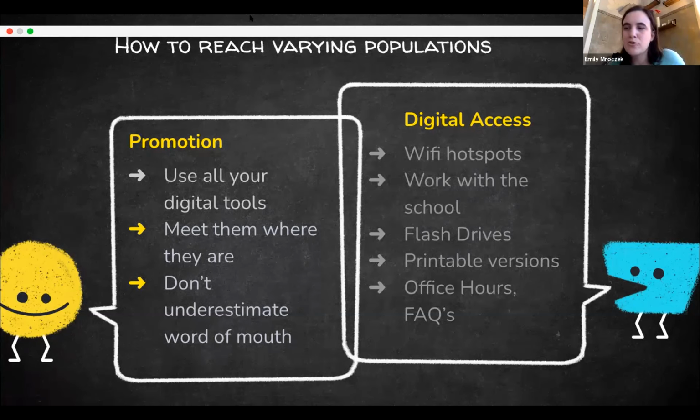There can be ways to put programs, to put videos, on flash drives, and then people can watch them that way if they don't have a digital connection. Also having printable versions, printable rhymes for parents, printable questions about a book that people can use.